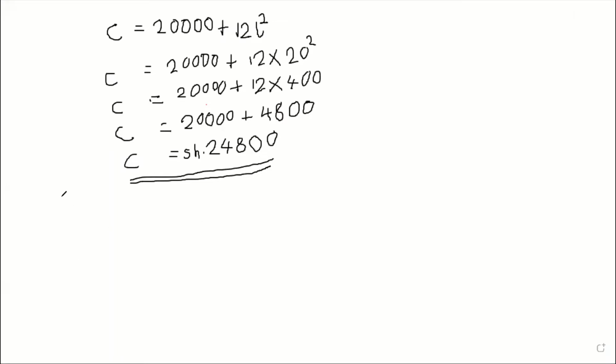So part 2 says calculate the length of a roll which costs 24,700 shillings. We again use that equation, and we say C is equal to 20,000 plus 12L squared.